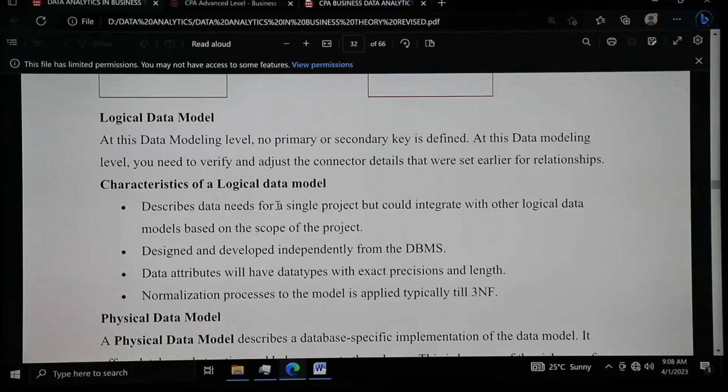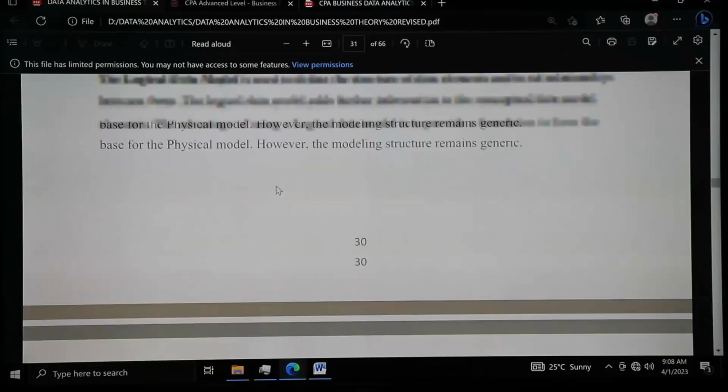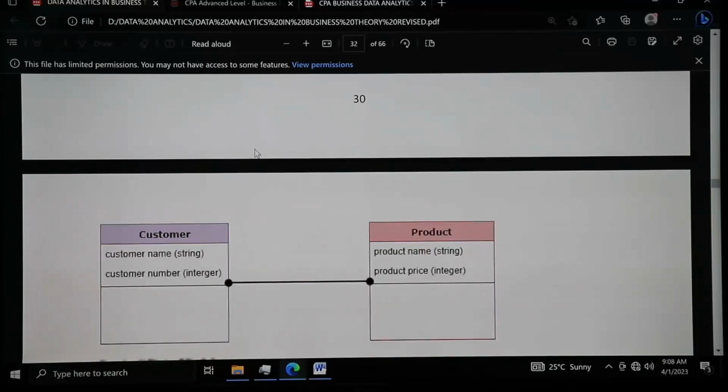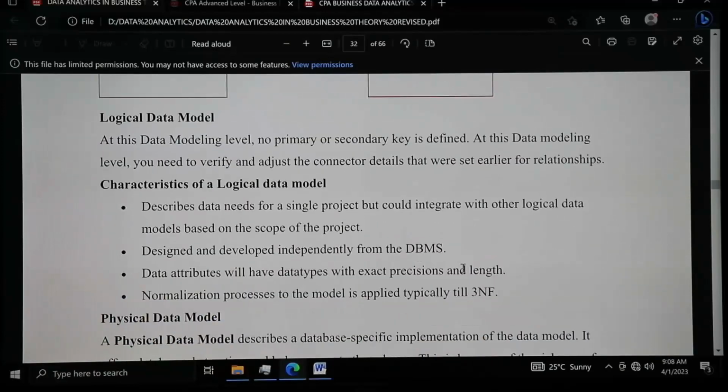If it is a logical model, it describes data needs for a single project, but could integrate with other logical data models based on the scope of the project. It has attributes and data types. It actually enhances the previous one, designed and developed independently from the database management system. The conceptual model is developed independently from the hardware, while this one is developed independently from the database management system.